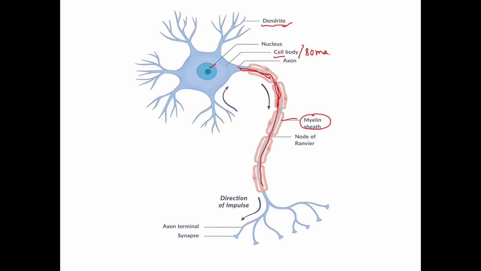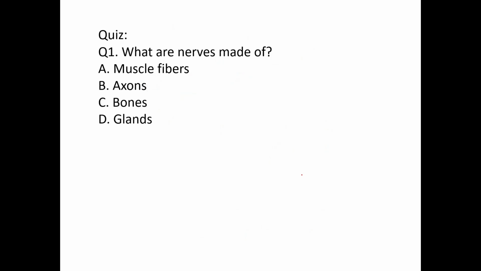The gaps between the myelin sheaths are the nodes of Ranvier, and the last terminal portion of the neuron is the axon buttons, or axon terminal. Okay, let's do a question. What are nerves made of? Basically, nerves are made up of a bunch of axons.